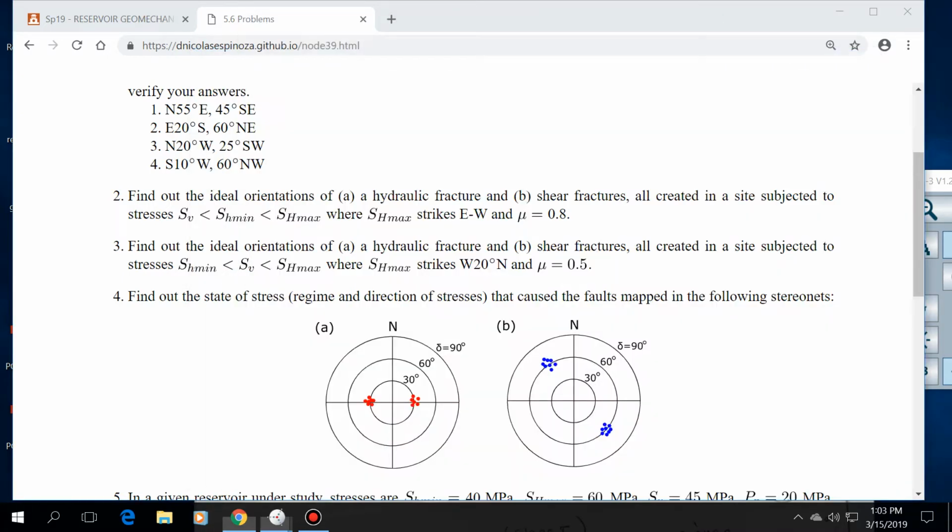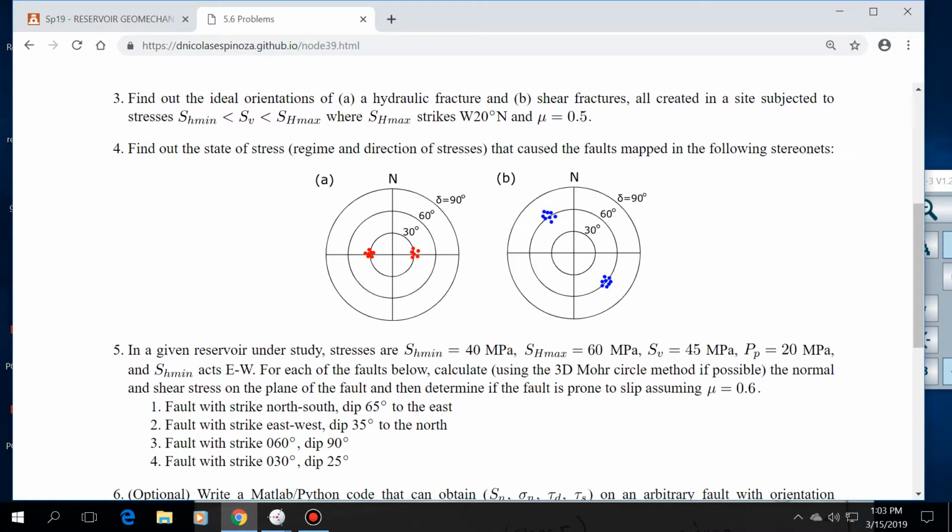So, just to clarify, the direction of your dots for normal faulting will indicate the direction of SH min. Well, I don't like to make rules like that, because sometimes those rules may fail.